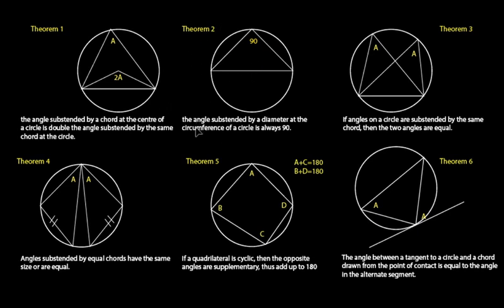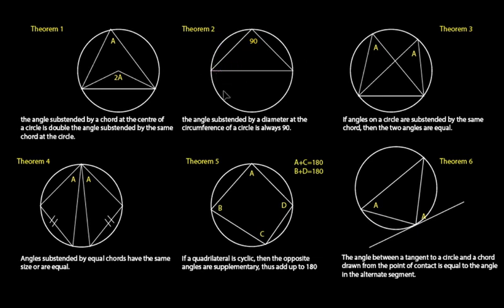The second theorem tells us the angle subtended by a diameter at the circumference of a circle is always 90. If we have point A, point B, and the line passing through the center of the circle, which is the diameter, any angle it subtends at any part of the circumference is 90 degrees. It doesn't matter where on the circle the angle is located, it's always 90.